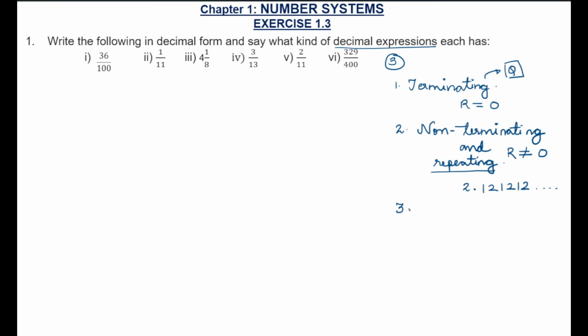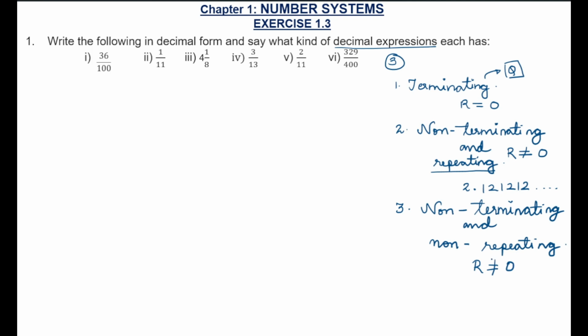And the third category of decimal expression could be non-terminating and, at the same point, non-repeating also. So, for example, you are in the division process, you are dividing two numbers. Again, the remainder will not be equal to 0 at any point. And secondly, the value of the quotient will not have a repetition pattern.